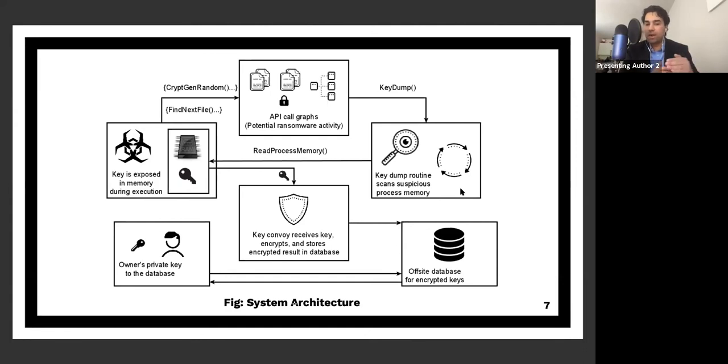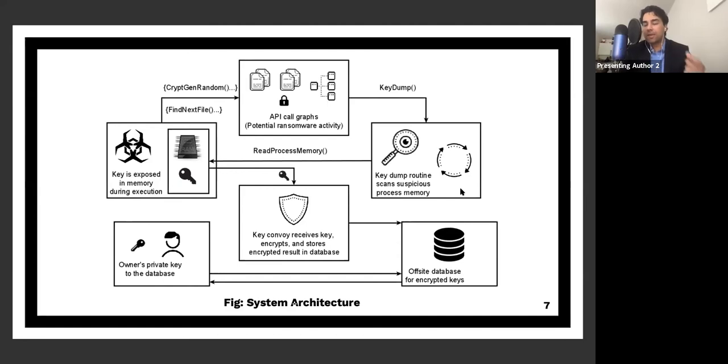There could be other API calls, which build API call graphs that show potential ransomware activity. Now we're not 100% certain, but it triggers off a suspicion. In this case, we will dump the key routine.